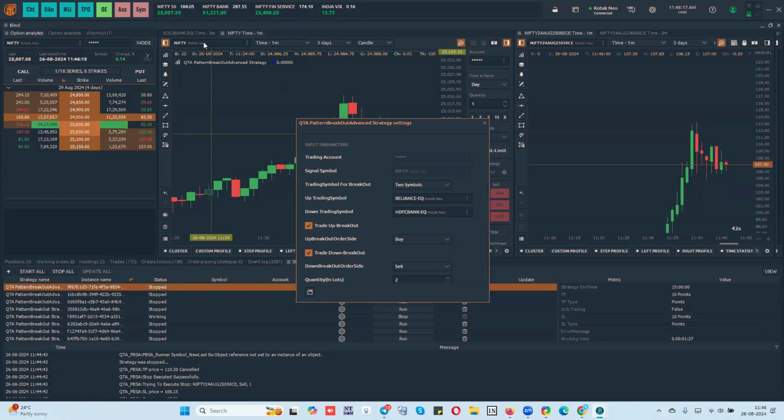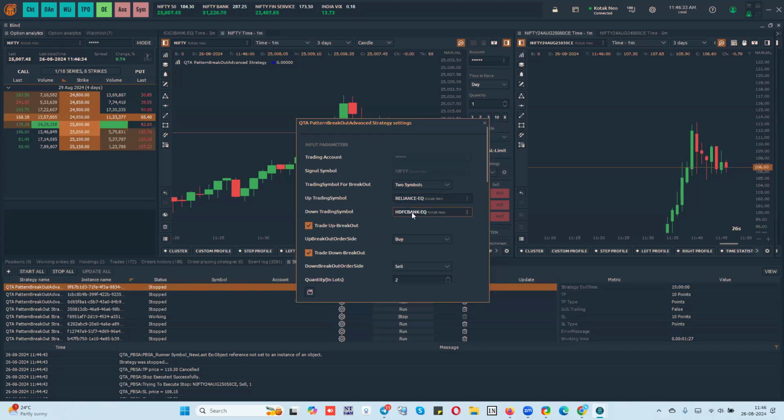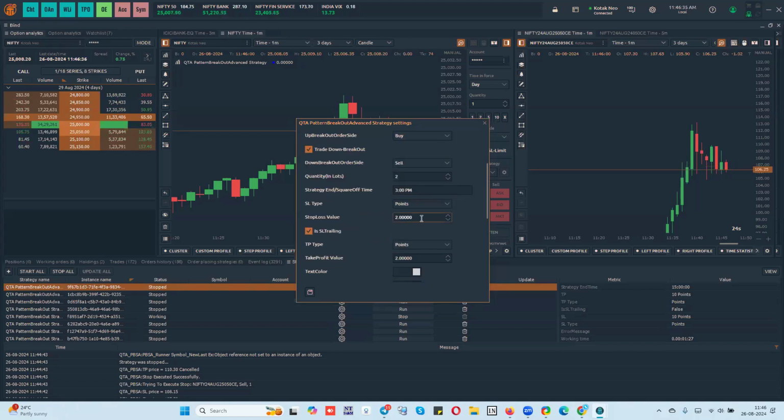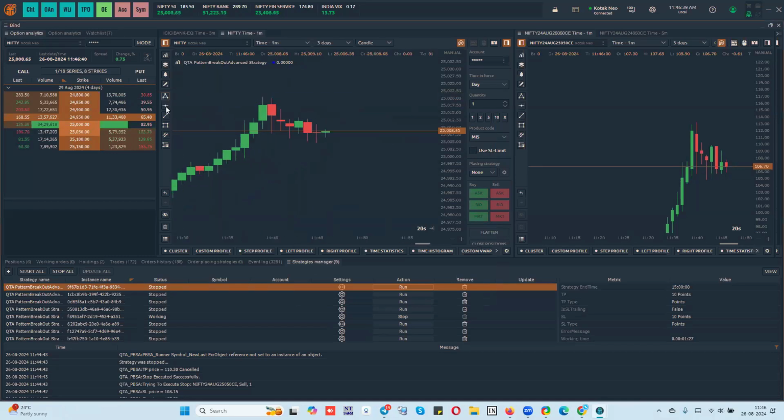So my decision making symbol will be Nifty Spot, whereas the trade will be done on up breakout in Reliance and down breakout in HDFC Bank. On up breakout, I will buy two shares of Reliance, and on a down breakout, I will sell two shares of HDFC Bank. Okay. So now let's put a range here.